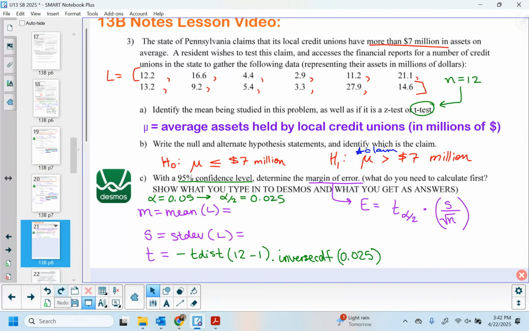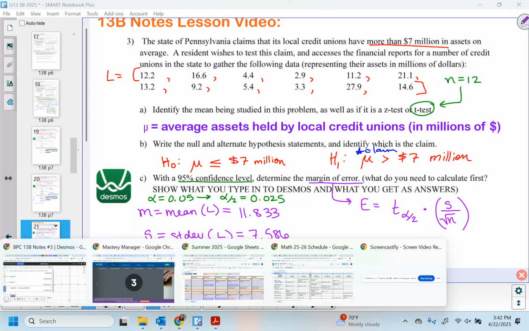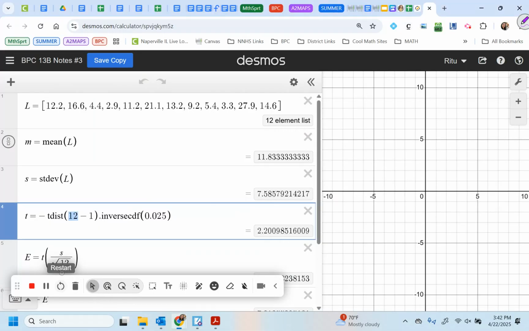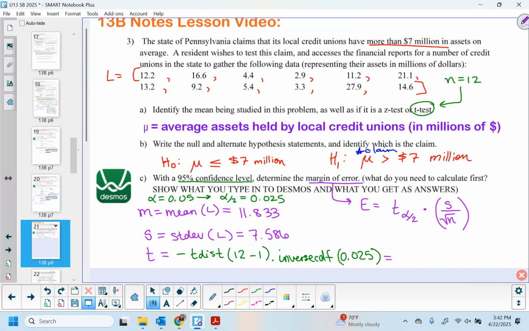So I'm going to go ahead and write those down. 2.20. Okay. So then I'm going to put those into my formula for E.